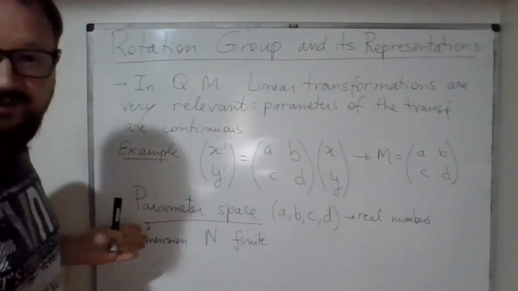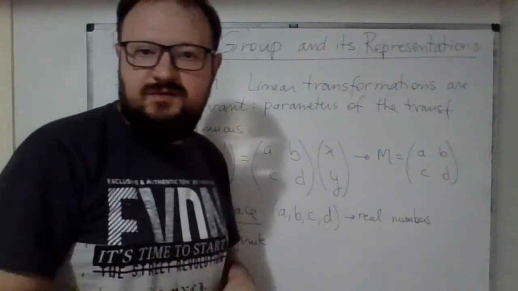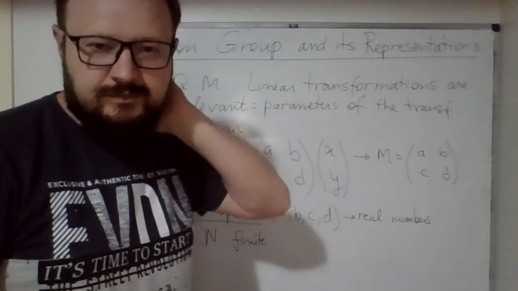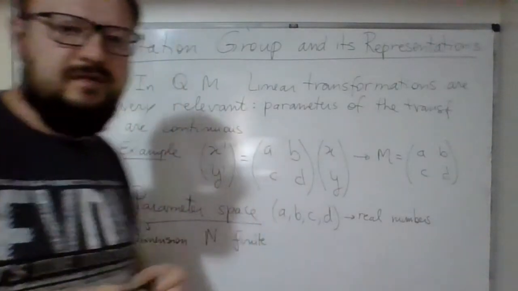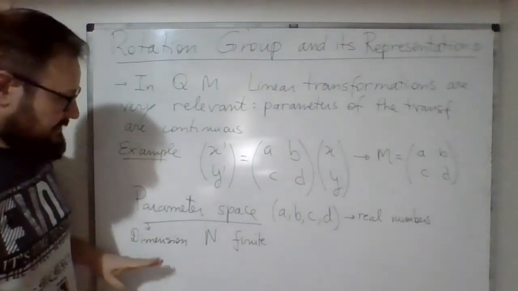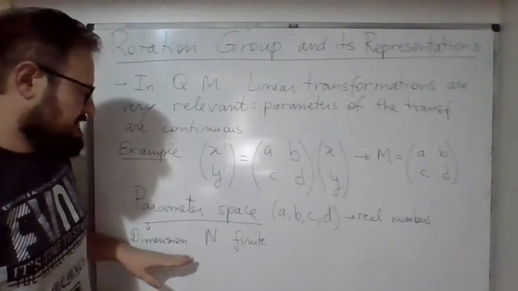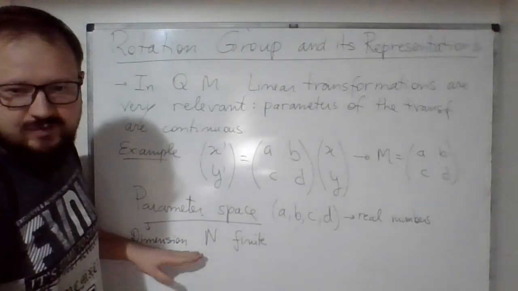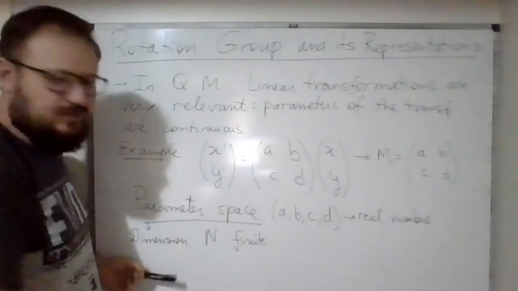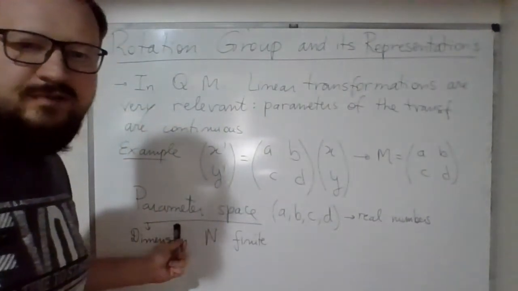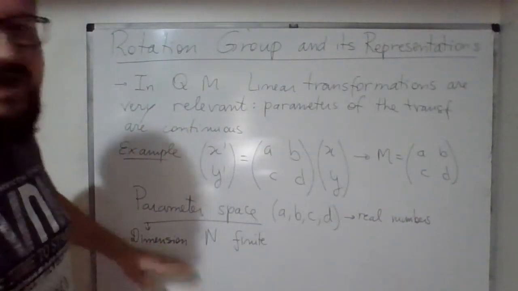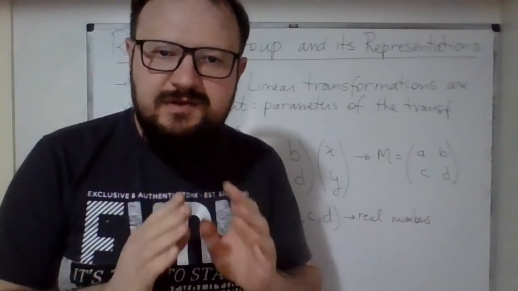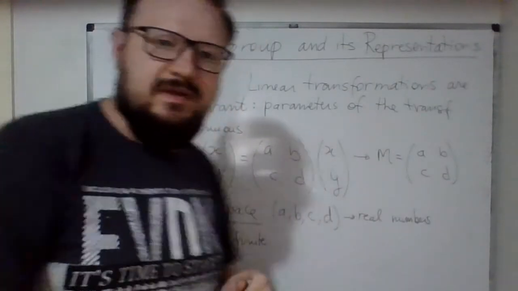There is a parameter space when dealing with linear transformations, which is the set of parameters you need to describe the transformation, and the number of parameters you need to make the transformation corresponds to the dimensionality of the parameter space. The parameter space we are dealing with is finite. We are discussing a finite number of parameters in the transformation.